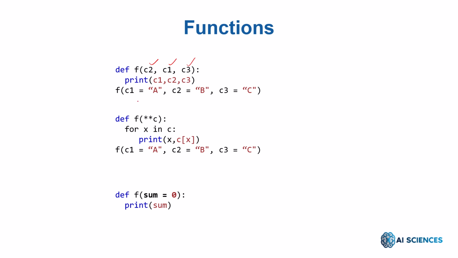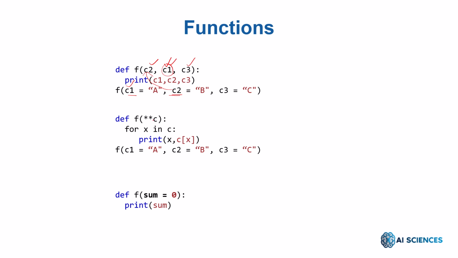But when we are calling the function, we are giving C1 equals A. That C1 will be received here rather than there, as long as this C1 is matching with this C1. Further, this C2 is B. This C2 will go directly here. Although at the calling time it is at the second position, as C2 and C2 are matching, that will happen.